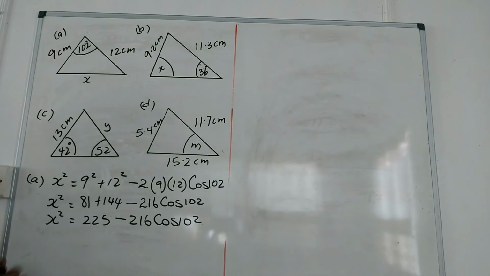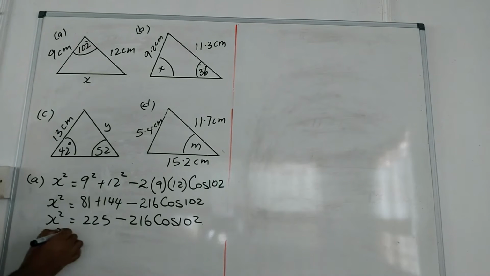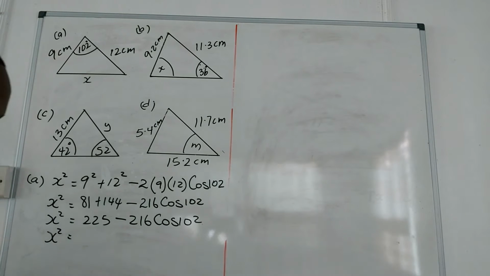So what you can do is multiply negative 216 times cos 102, and you will have a positive answer.